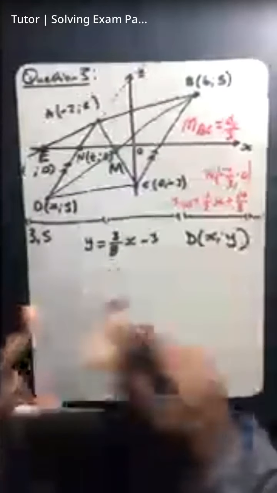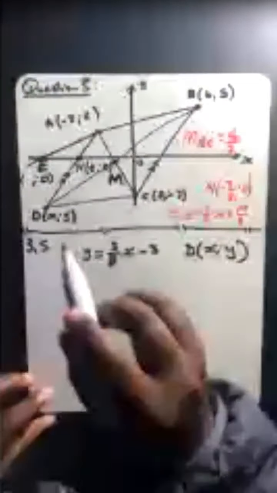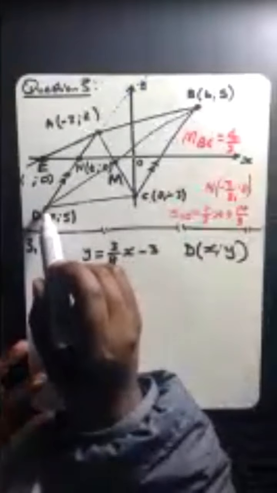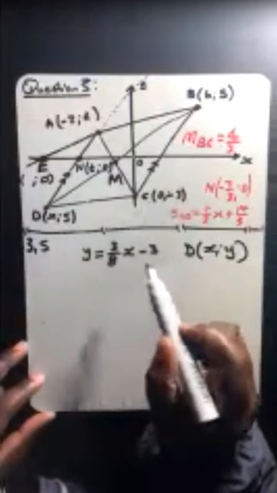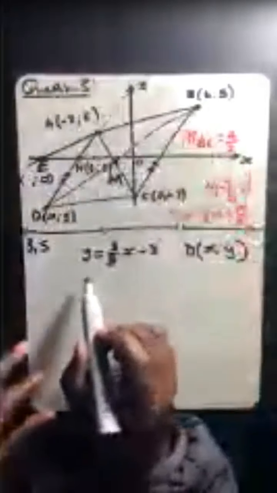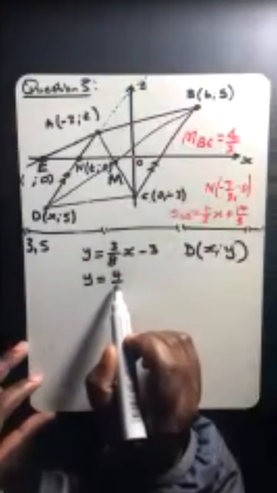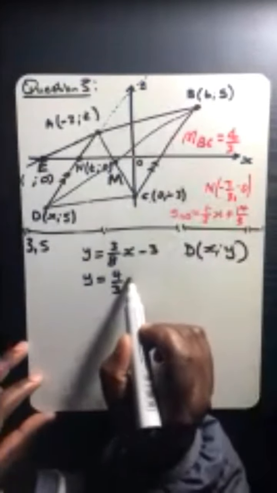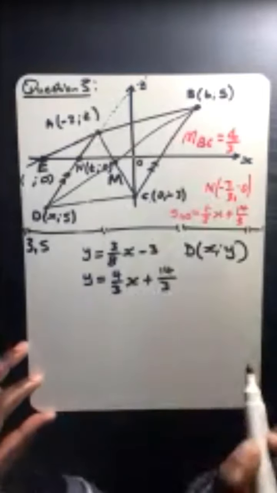Based on what I've just explained, I just want to check if you will understand this. Remember, they say DC is defined by that equation. I also know that DA is defined by y equals 4 over 3x plus 14 over 3.